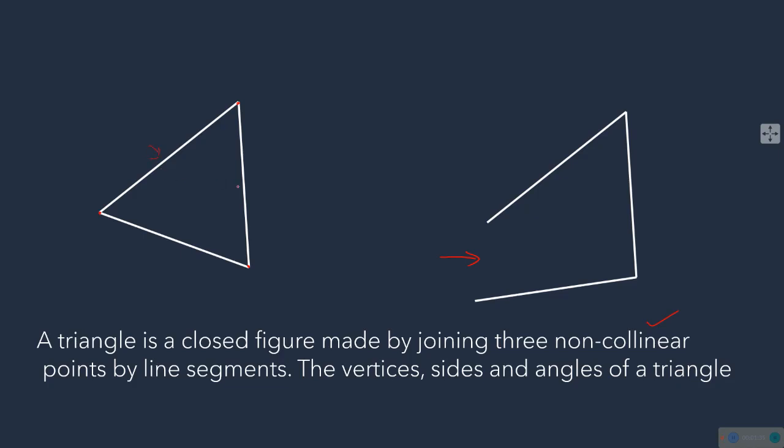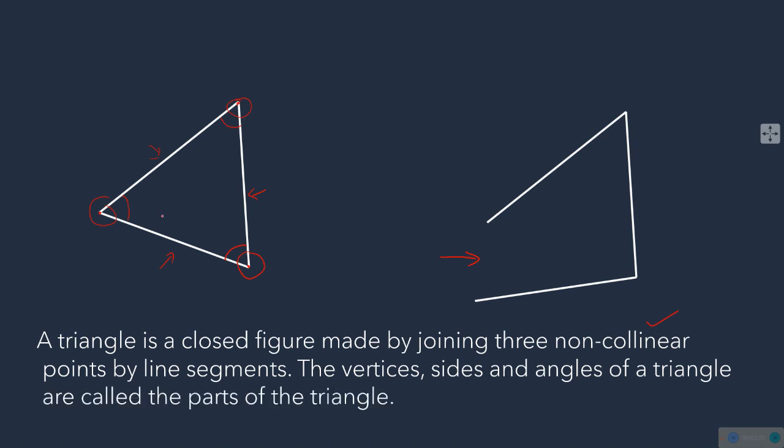These are the line segments which make the sides of a triangle. And the vertices, that is, this is one vertex, another vertex where the line segments are joining, and the sides, which I already marked, and the angles. These are the angles, are really the parts of a triangle.